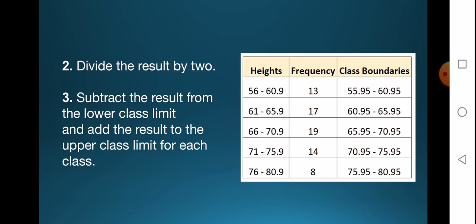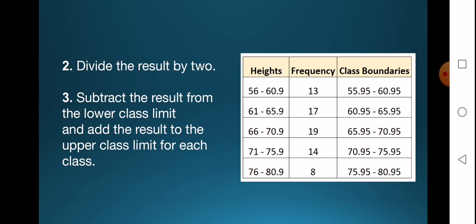So we interpret the results as follows. The first class has a lower class boundary of 55.95 and an upper class boundary of 60.95.